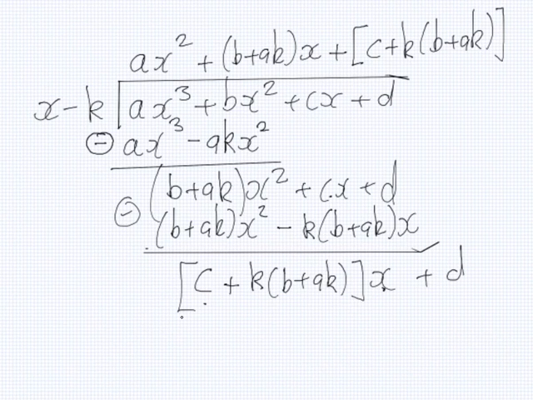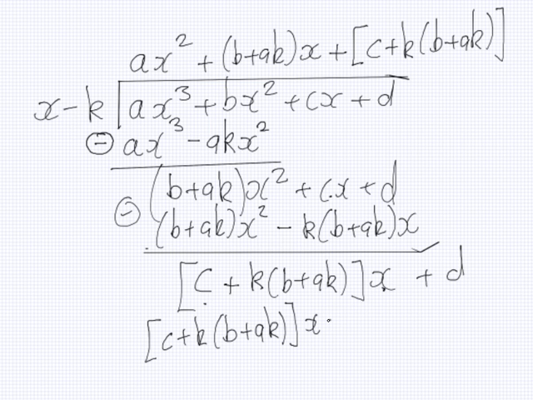So when you multiply it, you'll get (c plus k(b plus ak)) x, minus k times (c plus k(b plus ak)).